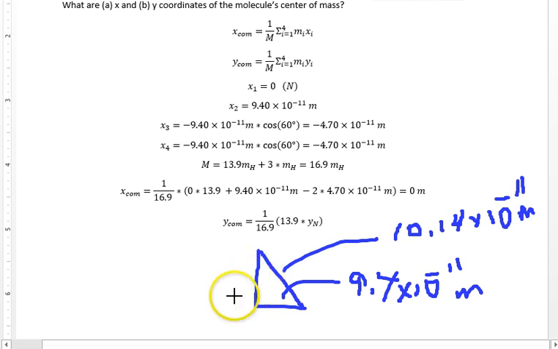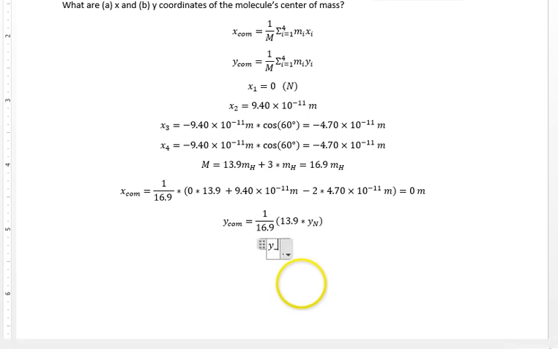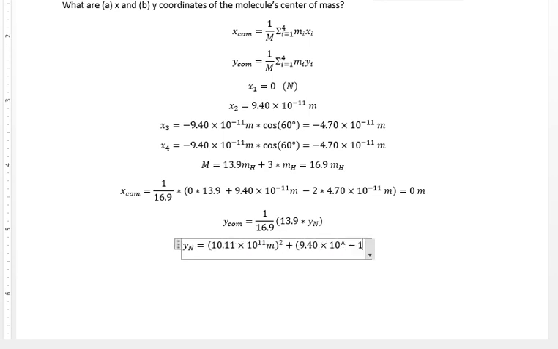So this squared equals hypotenuse squared minus the other side squared. So y nitrogen equals the hypotenuse, 10.11 times 10 to the minus 11 meters, squared, minus 9.40 times 10 to the minus 11 meters, squared.